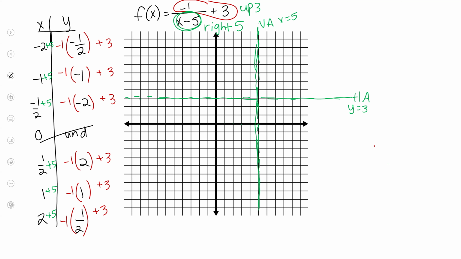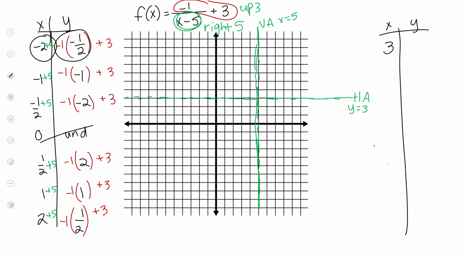Okay, let's figure out my new values so I can plot them. -2 plus 5 is 3. -1 times -1/2. That's a positive half. So 0.5 plus 3 is 3.5. Next, -1 plus 5 is 4. -1 times -1 is a positive 1. Plus 3 is 4.